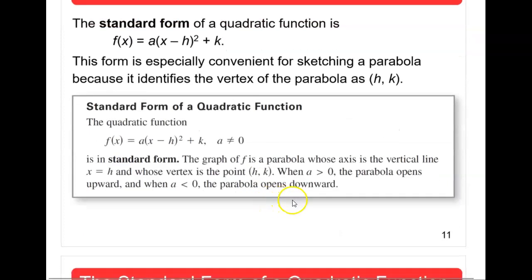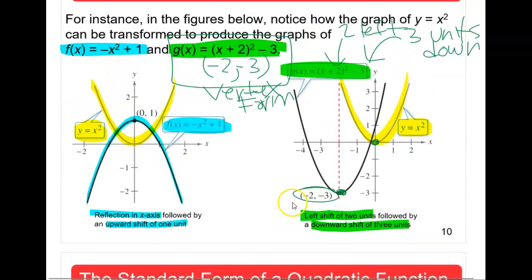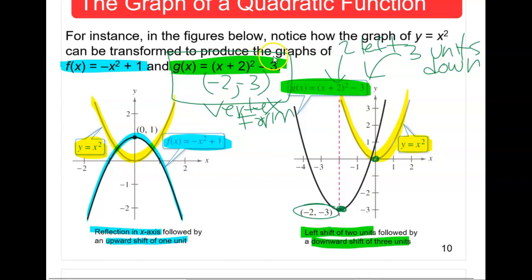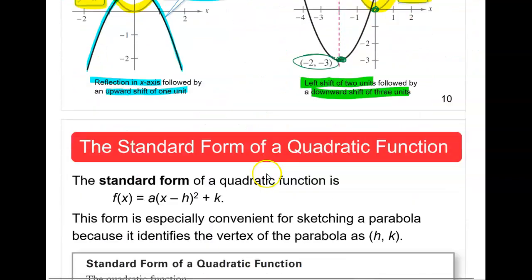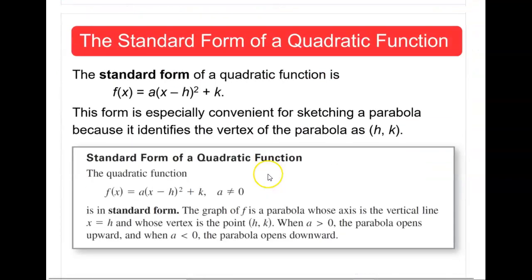Okay, now this kind of bothers me a little bit because this is called vertex form, and here this book is referring to it as standard form. So let's just go by the book and call that standard form, but just keep in mind that other books refer to it as the vertex form.